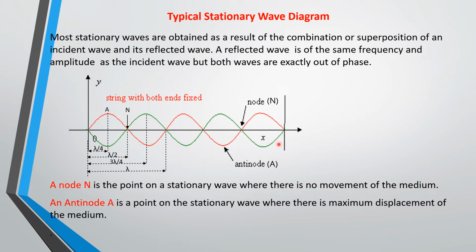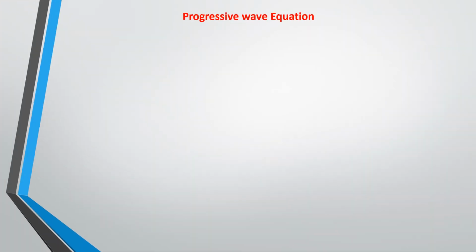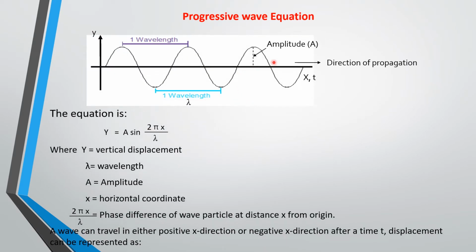So now we're going to look at a progressive wave and then a progressive wave equation. For a wave that is traveling perpendicular to the direction of vibration, there's a wave equation that relates the y-axis, which is the direction of vibration, to the direction of propagation.